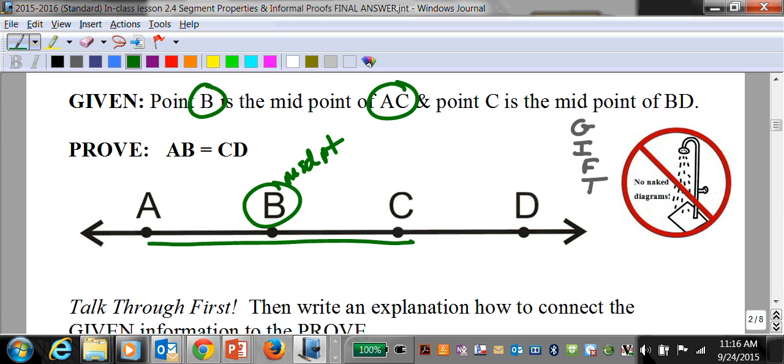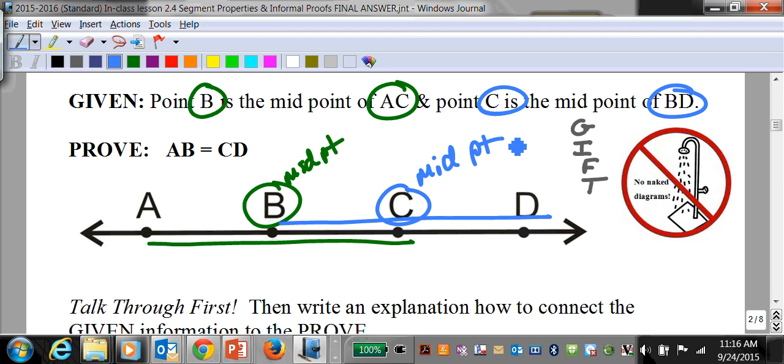I'm consistently using blue, green, and red. No, you don't have to, but in my experience, most of you will find that helpful. C is the midpoint of BD. So we trace BD, we circle C, that's midpoint. Divide given.